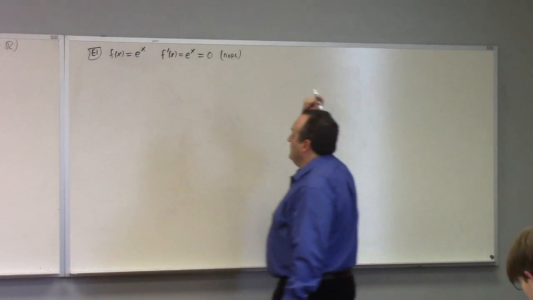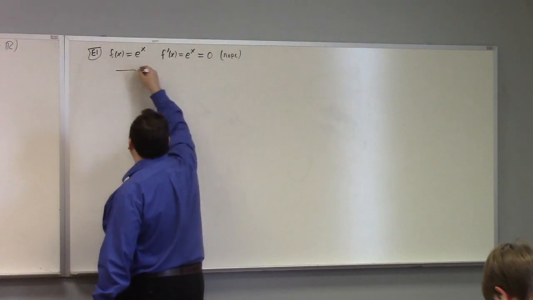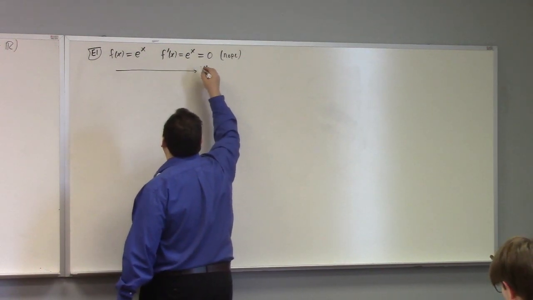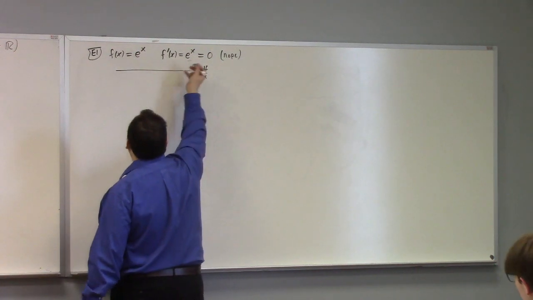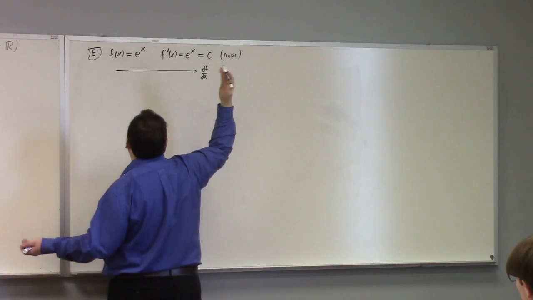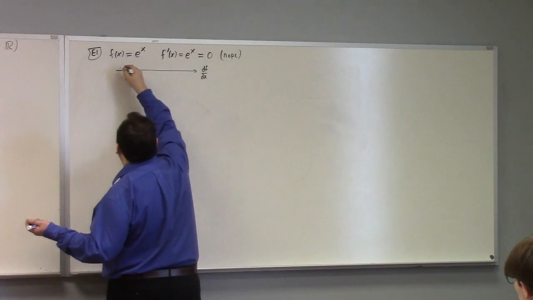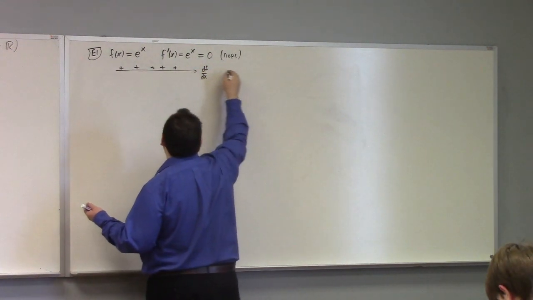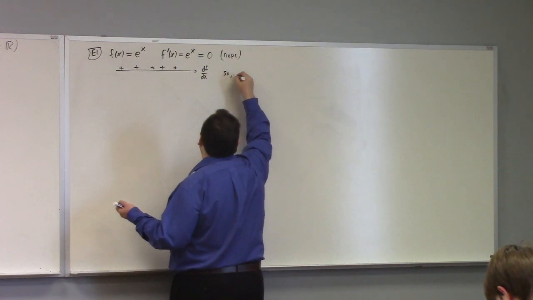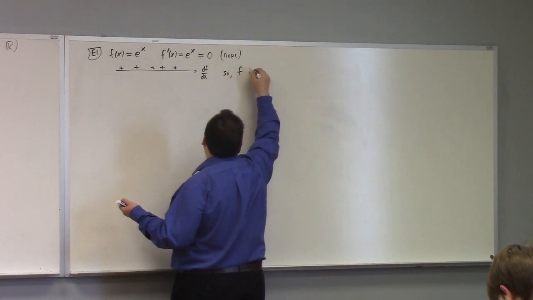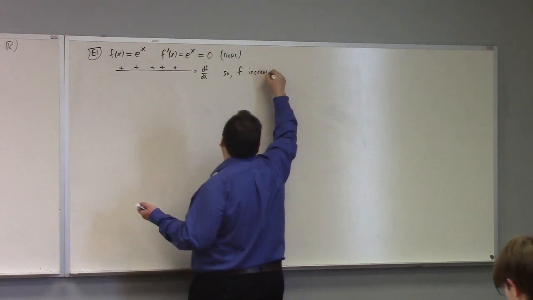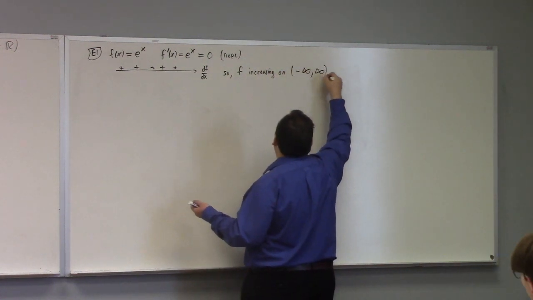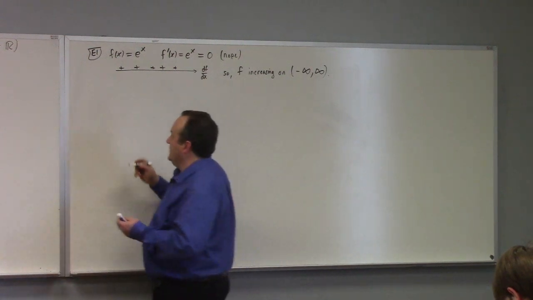There's not one. So the sign chart for this is exceedingly boring. Here's df dx. Is the derivative positive or negative? Yeah, positive. So the sign chart just looks like this. Very silly. Okay, so f is increasing everywhere.